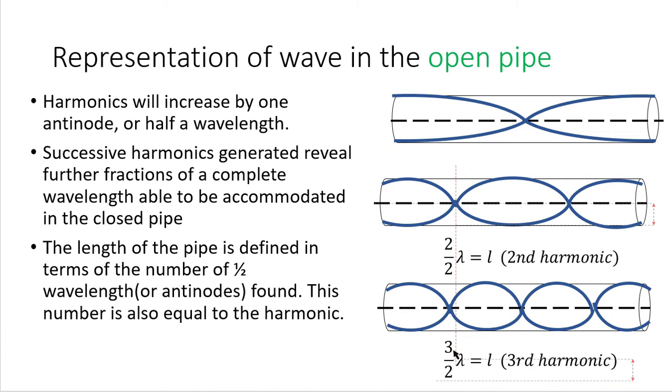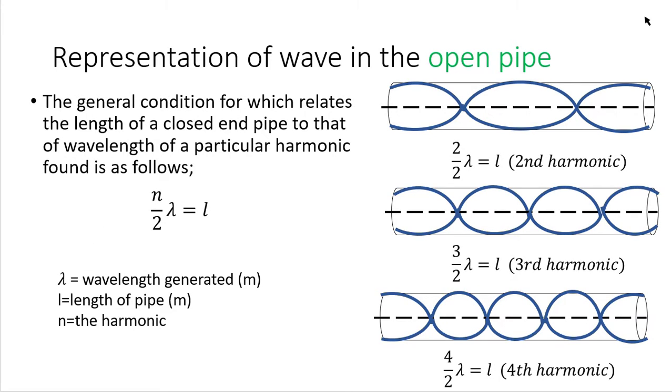Then we can have our third harmonic. We've got 1, 2 antinodes, and we've got the 3, which is composed of those two ends that would add to make one entire antinode. Now again, we can see a general condition that arises.